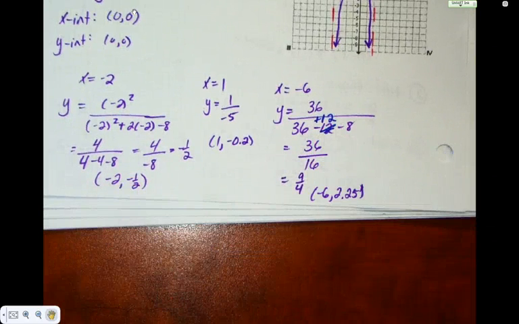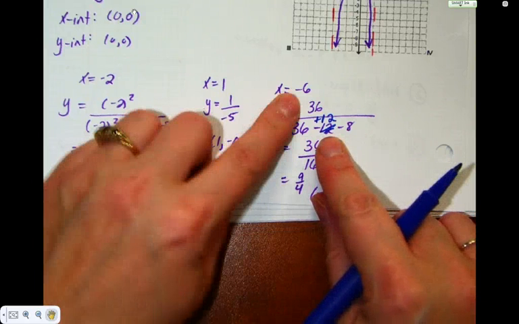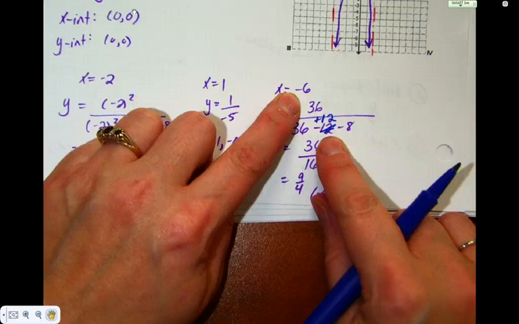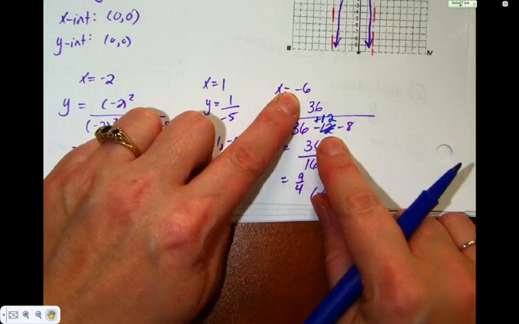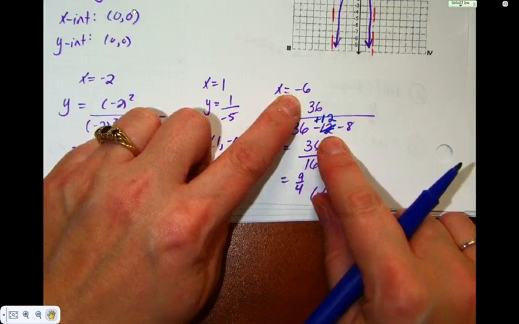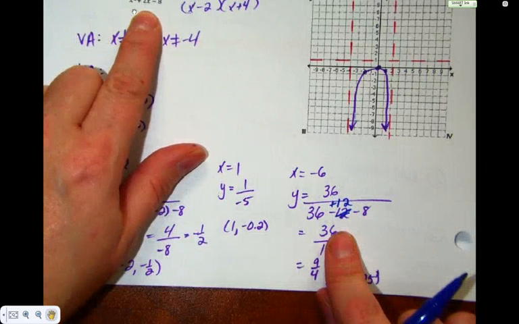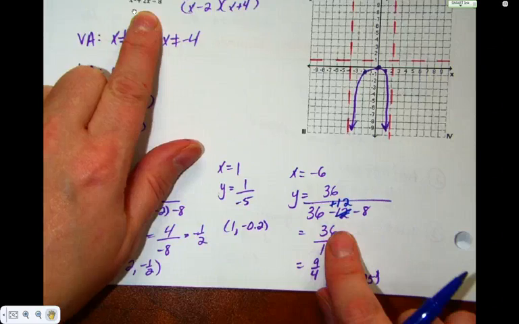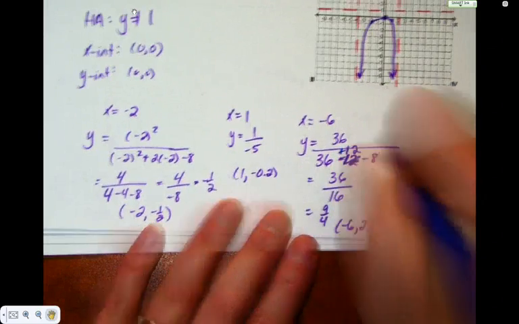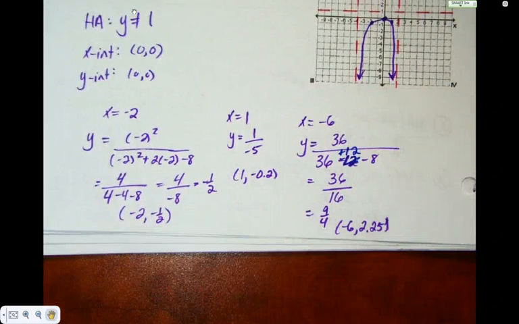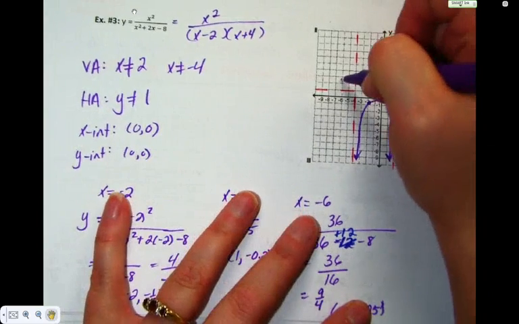Accept, reject. Because it's negative 6 times 2, not negative 6 times negative 2. X squared plus 2x, and x is negative 6. We're good? So we're good at the negative 6 and 2.25? Okay, so negative 6, 2.25.